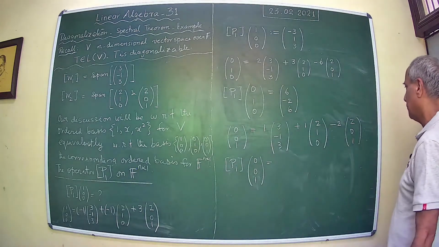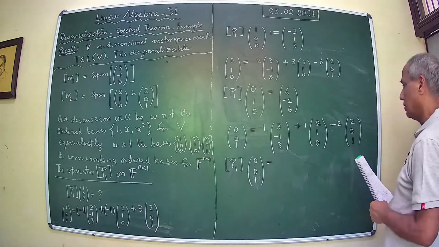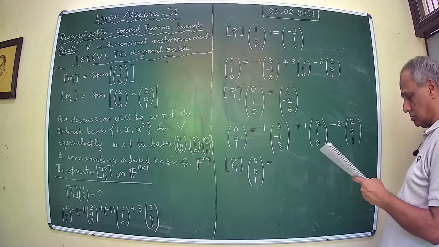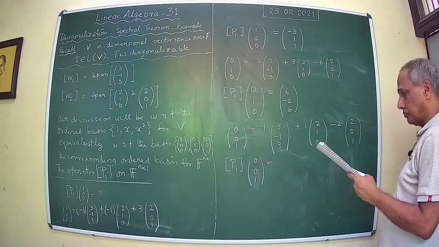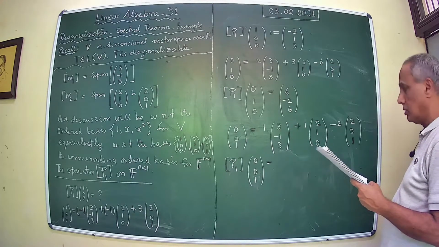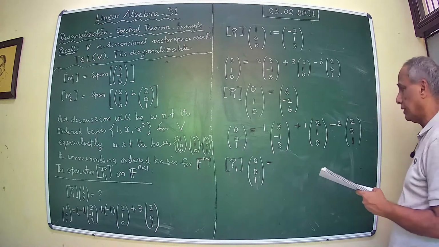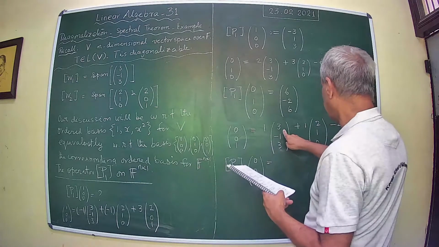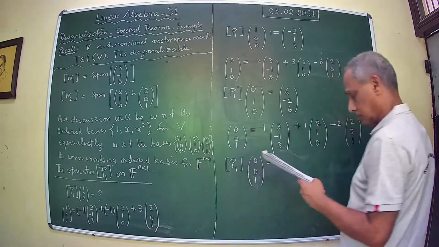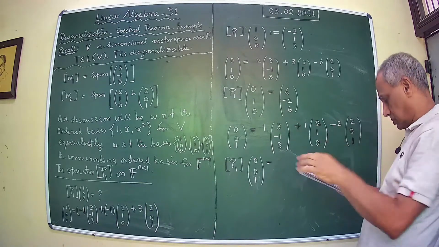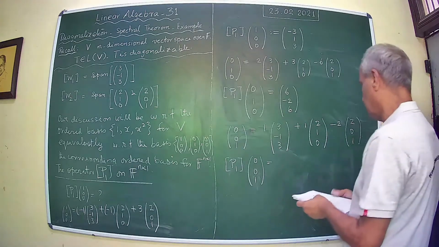Minus 3 plus 2, minus 2, 3 minus 9 plus... sorry, this is wrong.